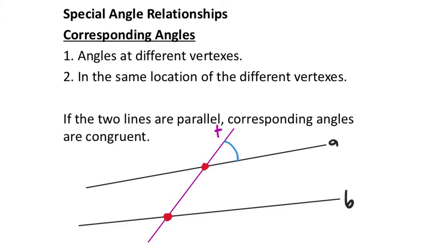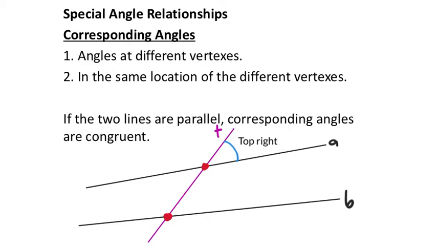Now, that is on the exterior of the two black lines. But again, I need to identify its location in relation to the vertex. For me, that's up and to the right, so top right. So this angle is top right.